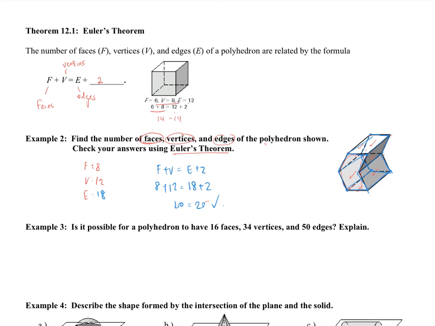You can go ahead and use Euler's theorem. Faces plus vertices equals edges plus 2. So we have 16 faces plus 34 vertices, and we want to know if it equals 50 edges plus 2. So no.